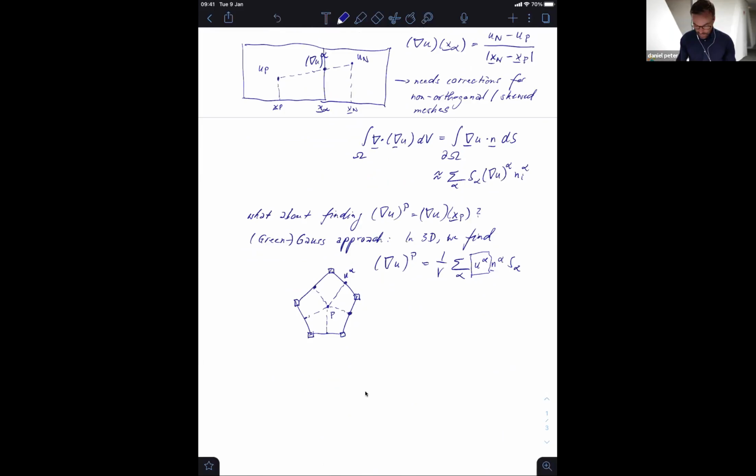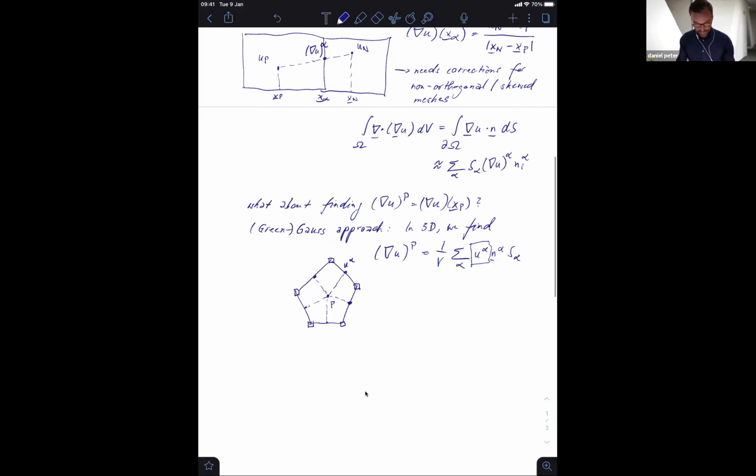And once we have the centroid values, we could calculate what the gradient within that cell should be. So there is a bunch of steps in order to get to it.